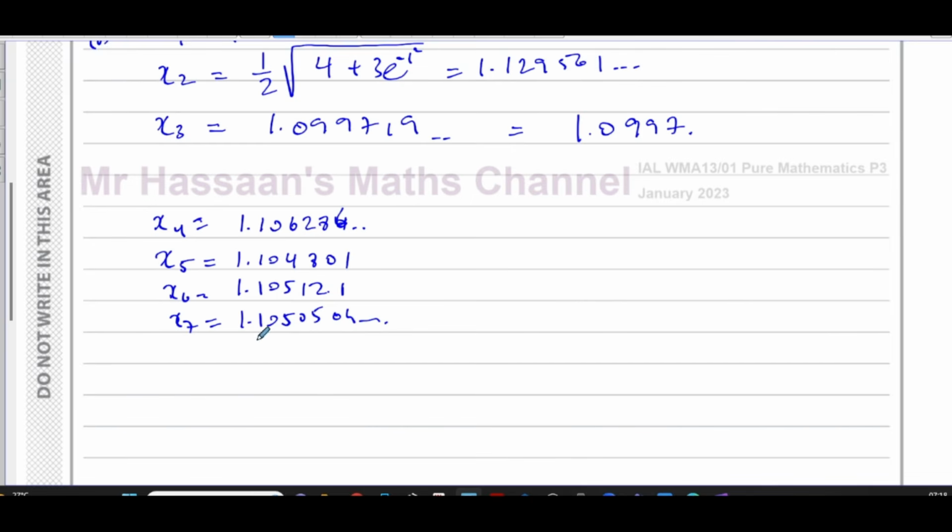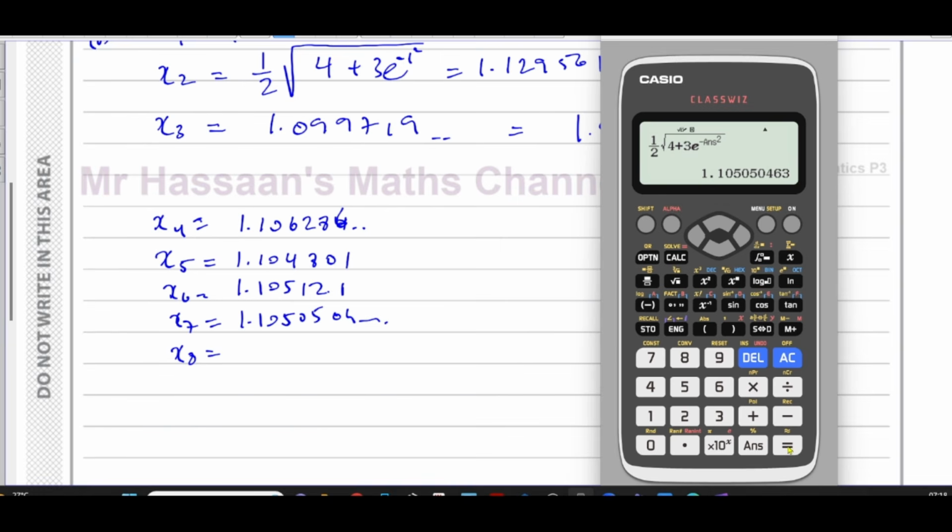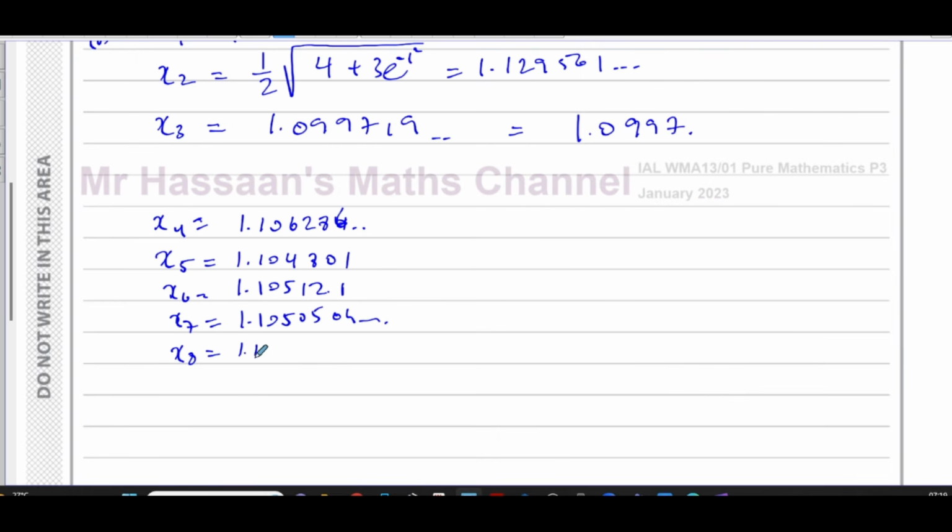So it looks like we're getting close to the answer. It's going to settle down. It looks like it's going to be 1.105 something, probably 0. Let's press it again and see what we get. Yeah, so you have 1.10506. So almost there.